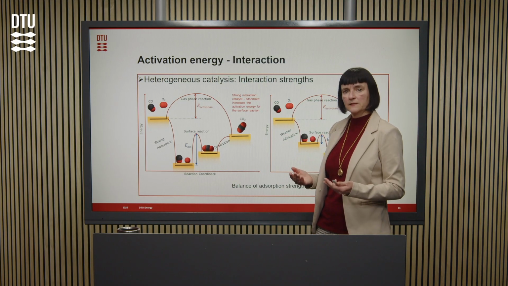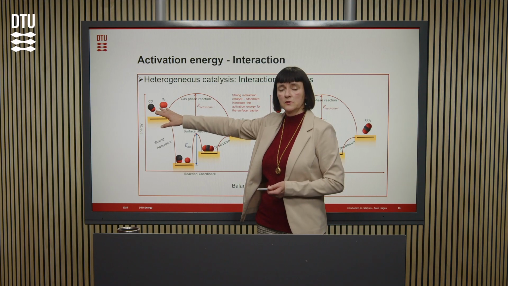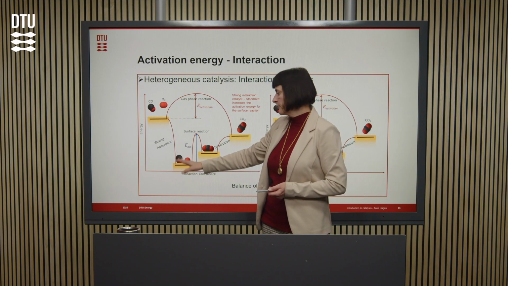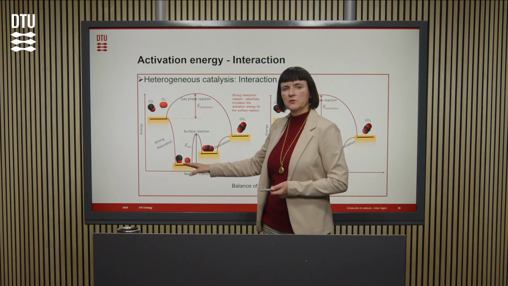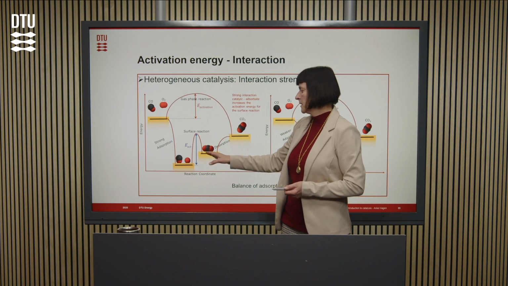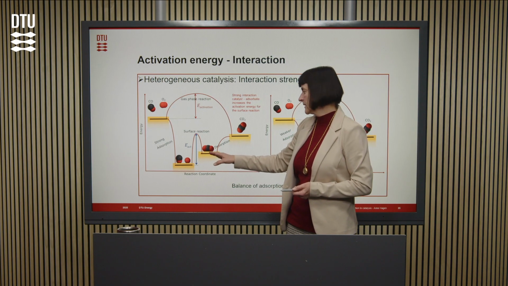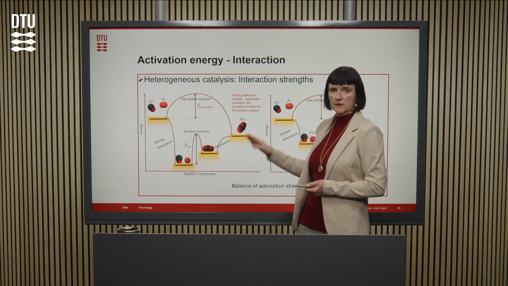Then you could have one catalyst that interacts with these two species, forming very stable adsorption of the two. Then you have to overcome quite a high barrier so that they react with each other to the adsorbed CO2 that then desorbs to give you the product.